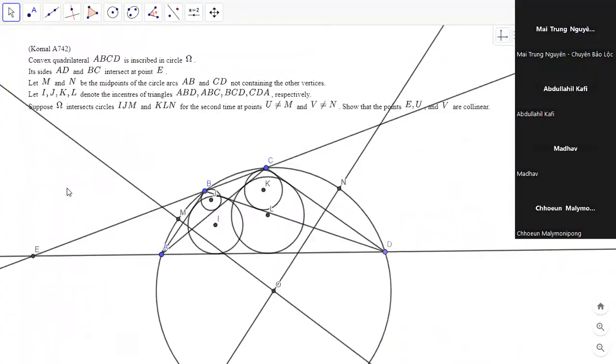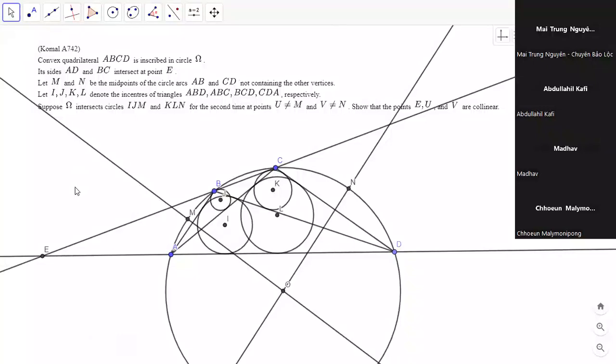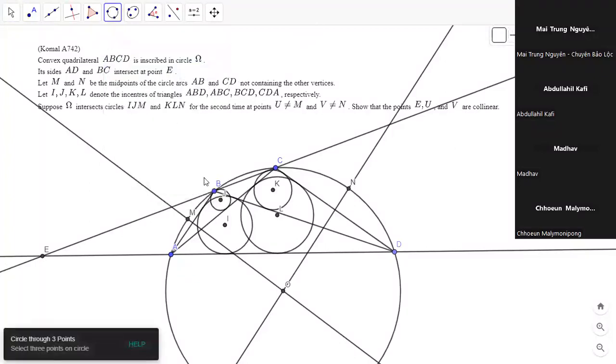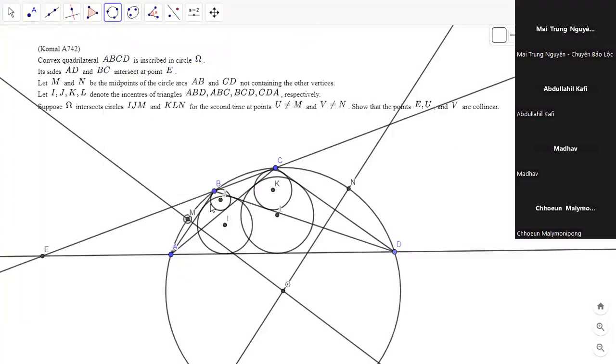And then we have the circles IJM and KLN. And we want to show E, U, and V are collinear.